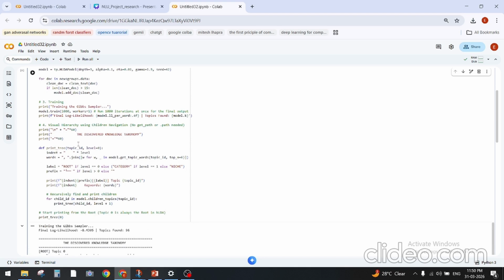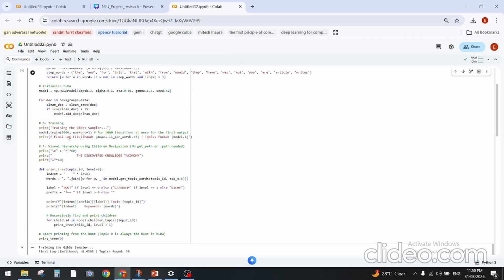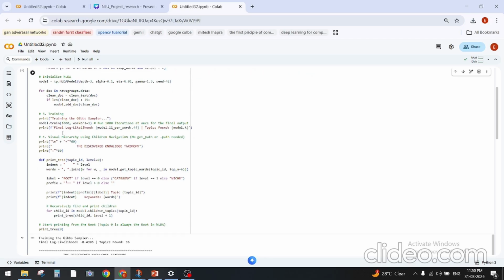The model stabilizes as the tree reaches a stable state. Then the model stabilizes after the 1000 iterations are completed.